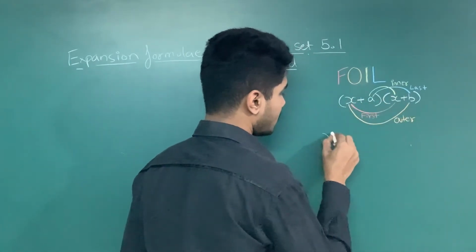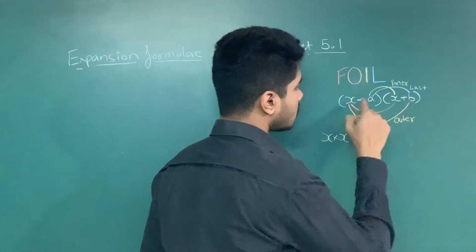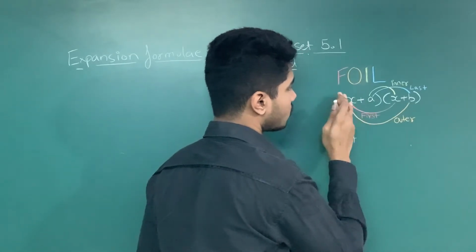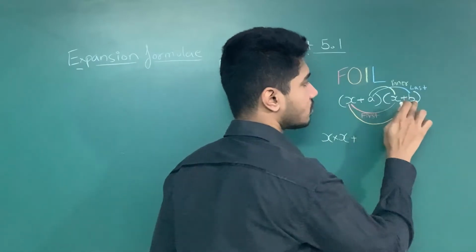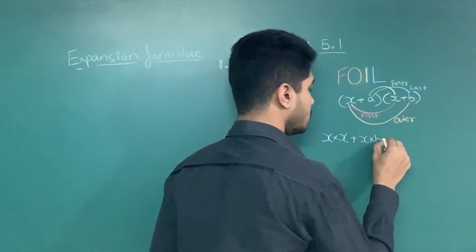So you get x into x plus, now in this bracket if you see the x also stands for the outer part, so the x, the outer, will get multiplied with the outer of the second bracket, that is x into b.